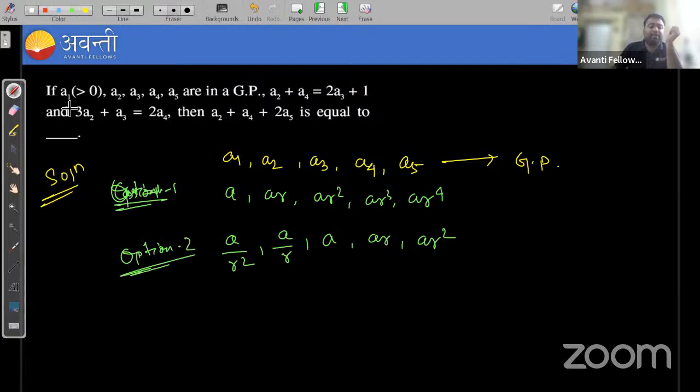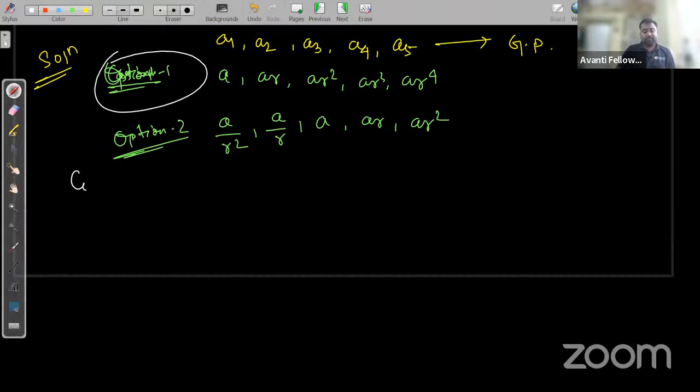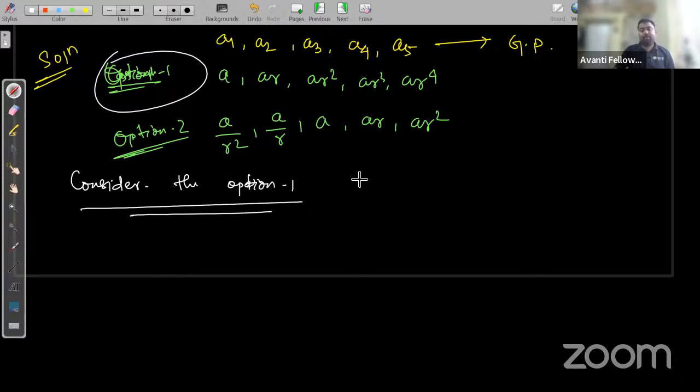So I am considering the first option. Okay. So let's consider the first one. Now A, AR, AR square, AR cube, AR to the power 4 are in GP. Okay.